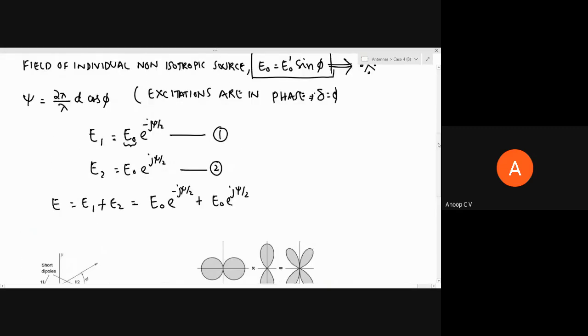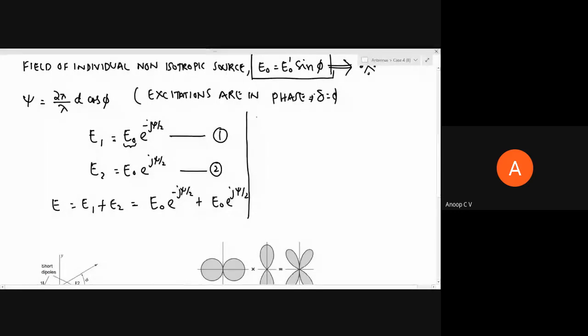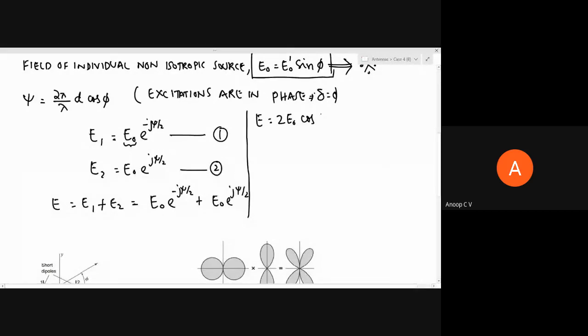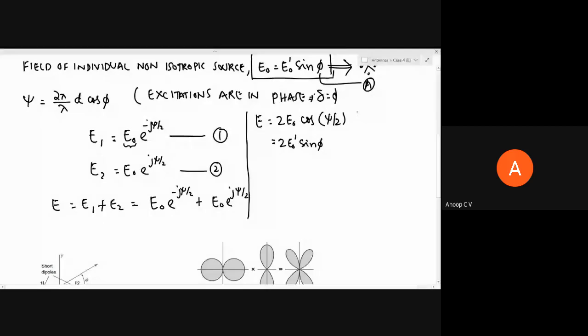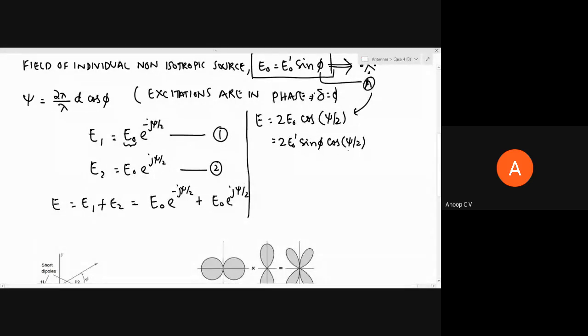We can write it as E equal to 2 E naught cos of psi by 2, where E naught is equal to E naught dash sin phi. I'm calling it equation number A. So putting this in, 2 E naught dash sin phi cos of psi by 2.